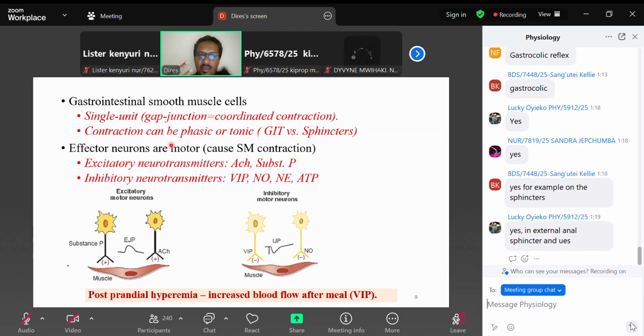How many units you have in the heart? Unit means structures which contract and relax together, treated as one unit because they are connected by gap junction. So how many units you have in the heart?